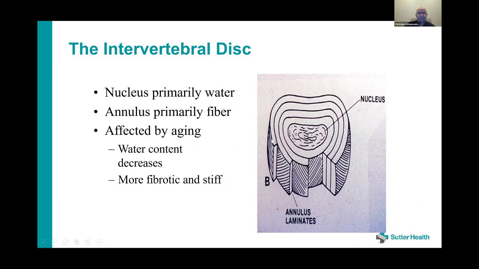The disc is made up of 2 primary regions: the nucleus pulposus, which is the center area. It's a jelly-like substance. And when we speak about herniation, this is the substance which herniates into the spinal canal. The annulus is a fibrous-like region on the outside, and this is where the tear occurs. As one ages, the water content within the nucleus pulposus and the disc decreases.